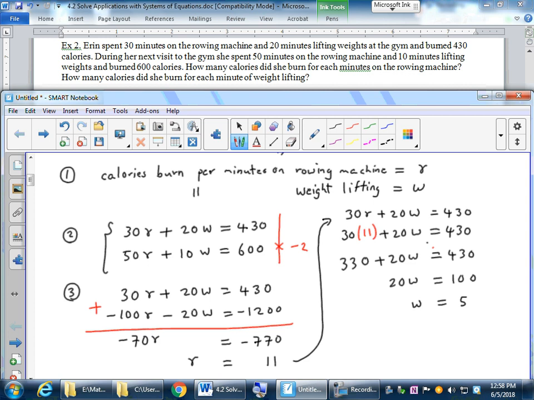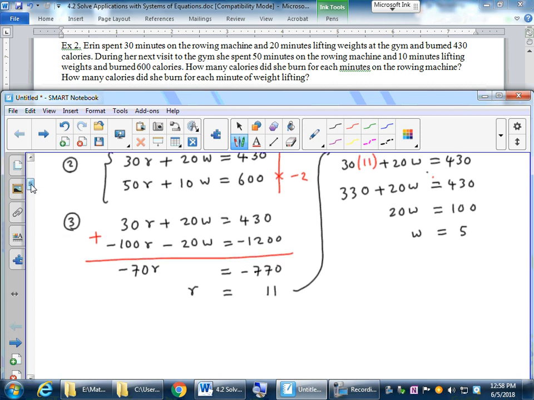My step 4. Now, step 4, I can say that 11 calories, right, burns on rolling machine, and 5 calories.